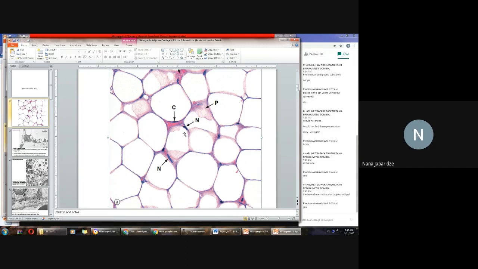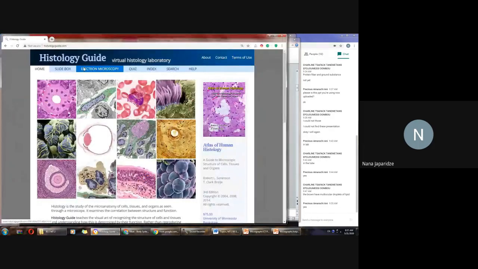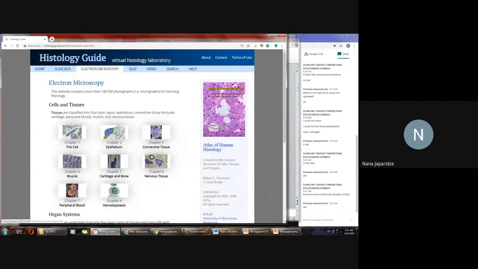Oh, look. Do you remember the image of white adipose tissue which I have shown you in the histology guide? Look, this one. I'm talking about this one. Connective tissue.